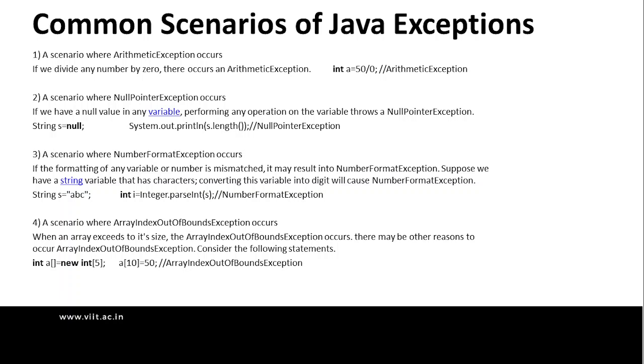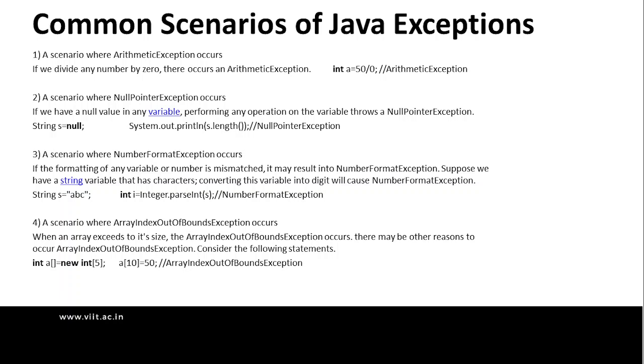Scenario where a number format exception occurs. If the formatting of any variable or number is a mismatch, it may result in a number format exception. Suppose we have a string variable that has characters. Converting this variable into a digit will cause a number format exception, that is String s = "abc"; int i = Integer.parseInt(s); number format exception.